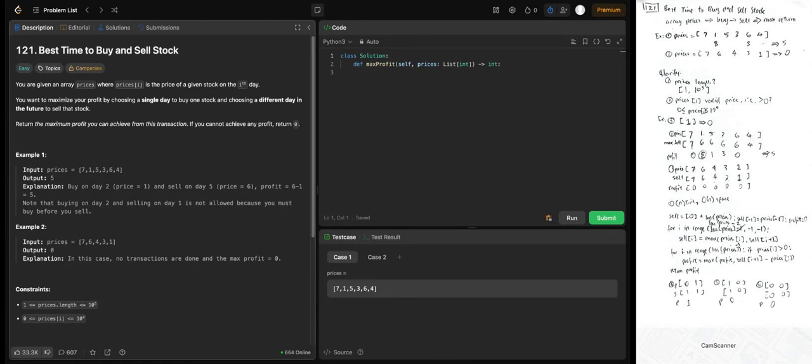Alright, let me go through the code to make sure I haven't missed anything. First of all, I create the sell array, which is the same size as the prices, and then I'm gonna set the last day of sale as the price of the last day.